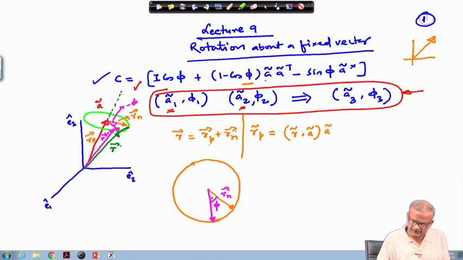The r vector lies in the plane formed by this green line and this orange line, so a cross r is perpendicular to this, which means it will be perpendicular to this vector r n. We show this as a cross r, a tilde cross r, where a is a unit vector.